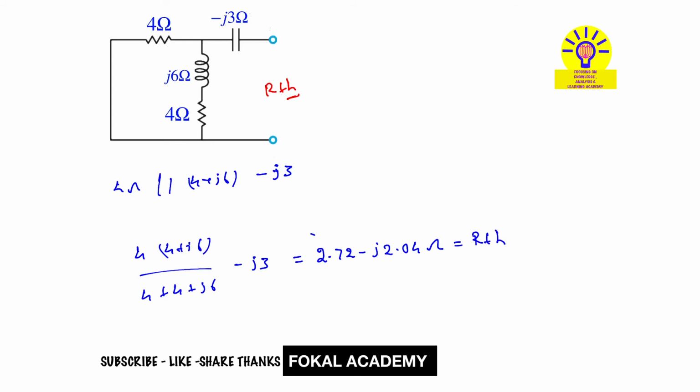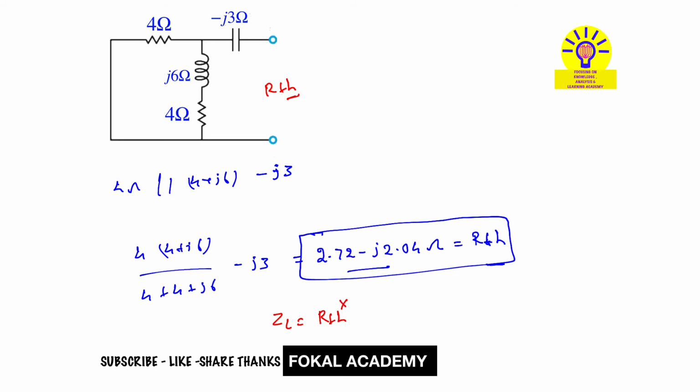When you observe here, this Thevenin impedance is not a pure resistance. Whenever the Thevenin impedance is in complex form, the load impedance equals the complex conjugate of the Thevenin impedance. So that is 2.72 plus j2.04 ohms, and this is the load impedance.